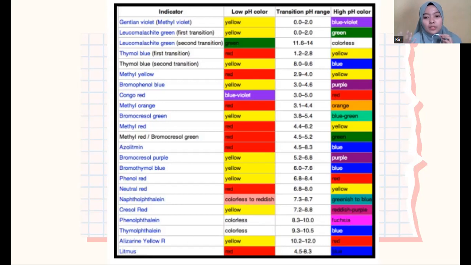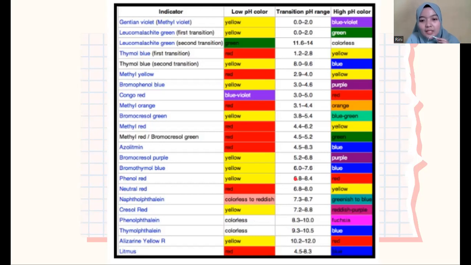When we see the change using phenolphthalein, we can continue and use another indicator to get a specific pH. For example, the first time we use phenolphthalein, the color changed into colorless. So the conclusion is the pH is below 8.3.